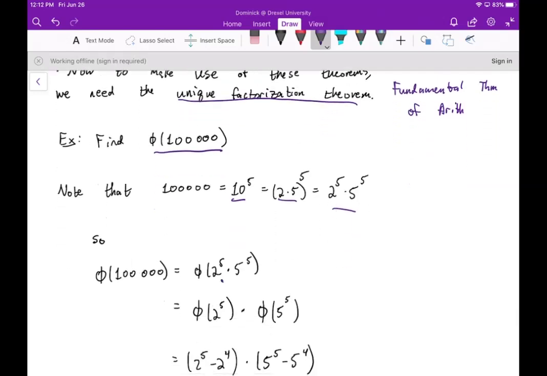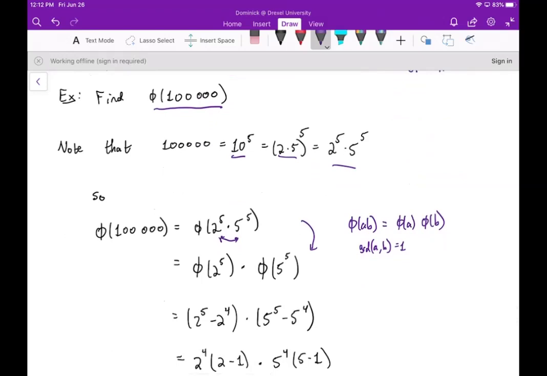Now, since 2 to the 5th and 5 to the 5th are relatively prime, from this step to this step, we're using the fact that phi of AB is phi of A times phi of B for A and B relatively prime. Okay.